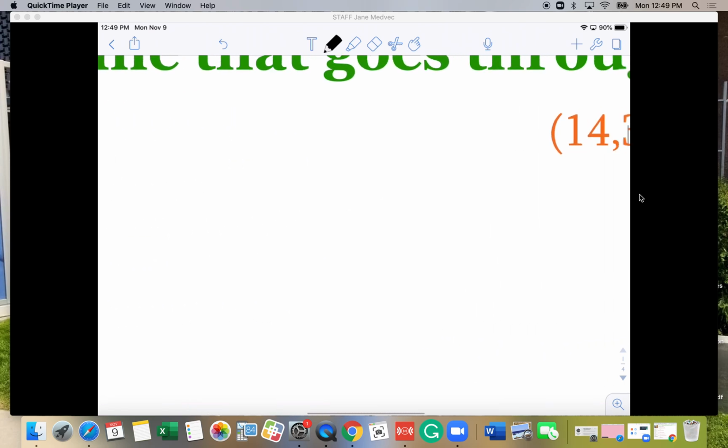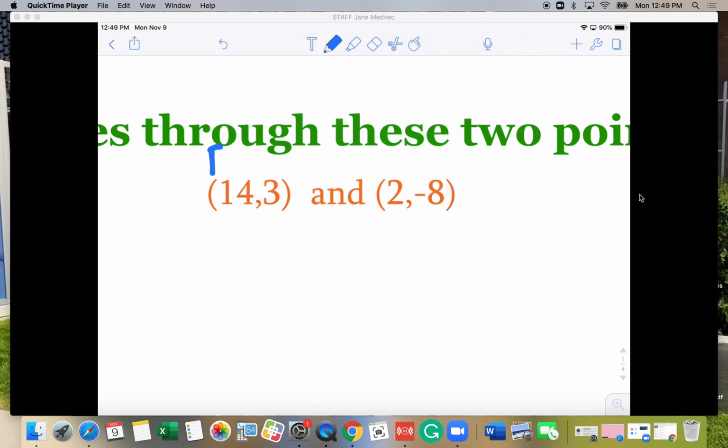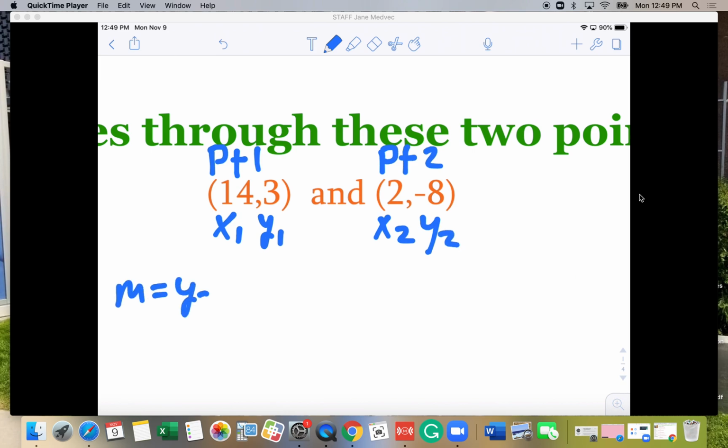Let's go ahead and let's do the second point. So this one, I'm going to label this point 1 and this point 2. And so when I do this, this is x1, y1. This is x2, y2. m equals y2 minus y1 over x2 minus x1.